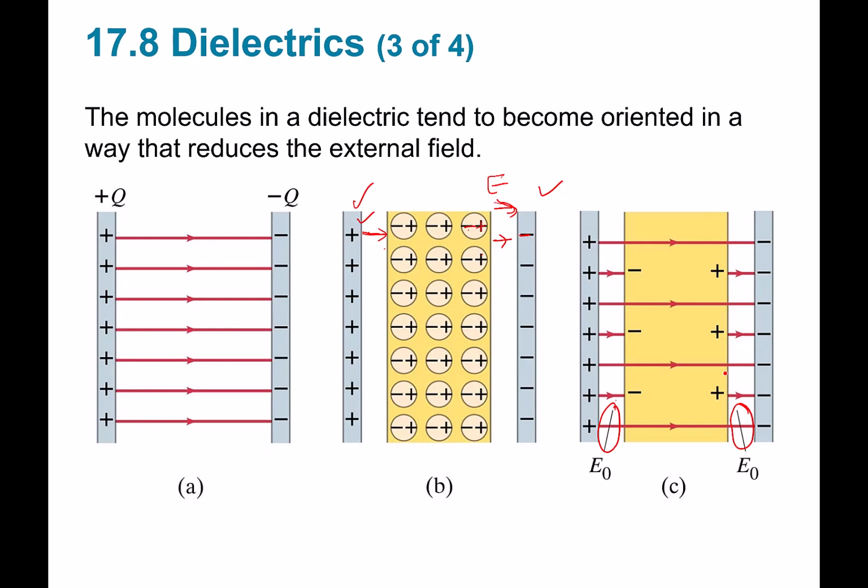Hence, the electric field within the dielectric is less. If I assume this is E1 and this is E2, E2 is always less than E1. The electric field inside is reduced by a factor of K. So the voltage across the capacitor is reduced by the same factor K, because V is E times d. There's a relationship between electric field and voltage: if the electric field is decreasing, the voltage will also decrease.